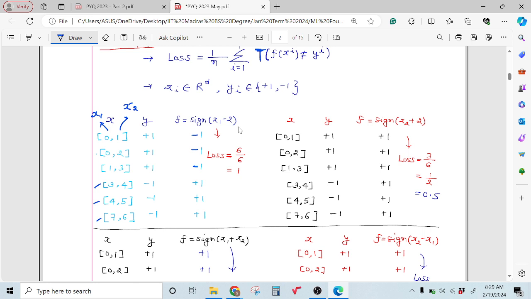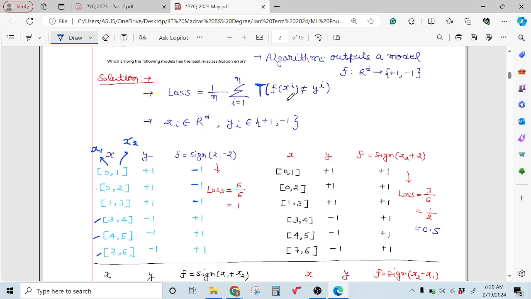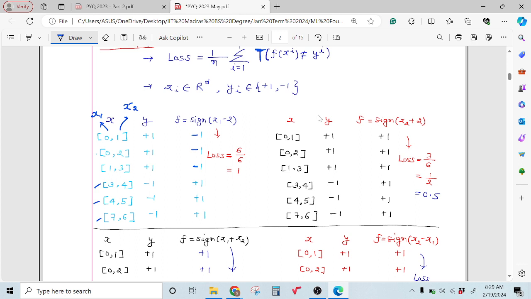Okay, so if we have to find the loss for these 4 functions, to calculate the loss we will use this formula. If f(xi) does not equal yi, we will consider this as boolean value 1. Where y is equal to plus 1 but this is a minus 1, we will consider this 1.